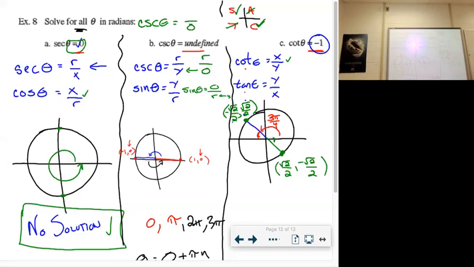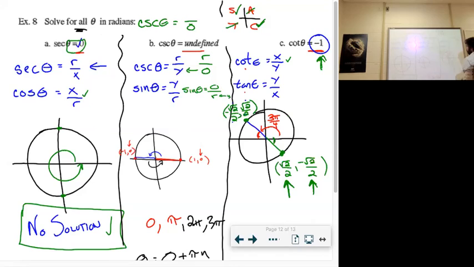It's not the same point as this point, but it has opposite coordinates. Again, if I took the y coordinate divided by the x coordinate, for the tangent relationship, I simplify to a -1. And if I were to work with the cotangent relationship, I would take the x coordinate divided by the y coordinate. In both cases, I still get a -1.